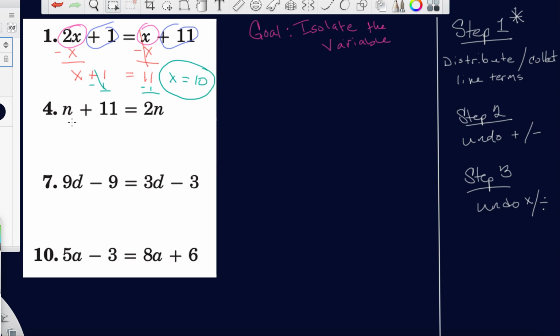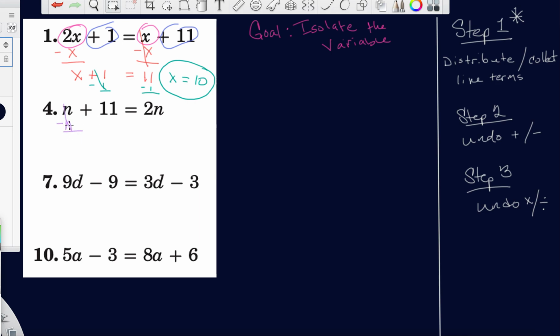This next one is really one step. I have two n's over here and an n over here and one constant here. So how do I get rid of this n? Well, let's just show the opposite of n. What's the opposite of n? Negative n.